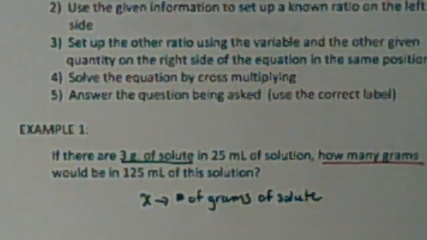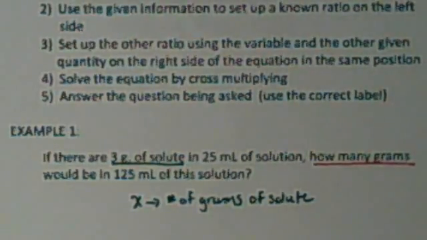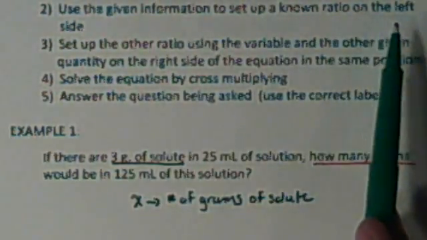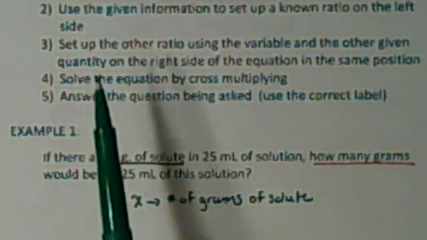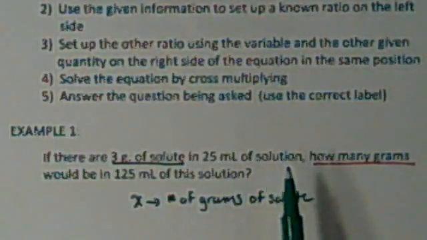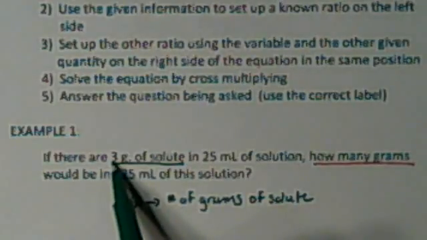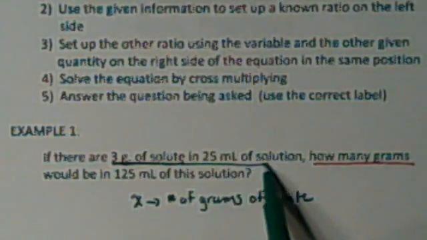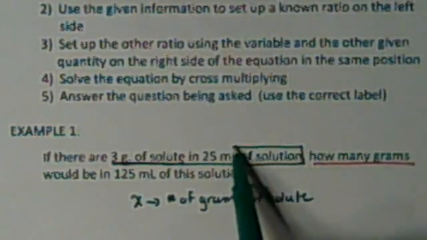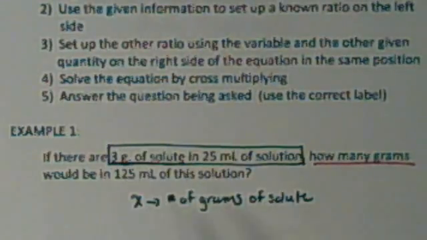Now, the second step tells us that we should use the given information to set up a known ratio on the left side. So if we carefully look at this first part of this application problem, you'll see that there's a known ratio that's given right here.